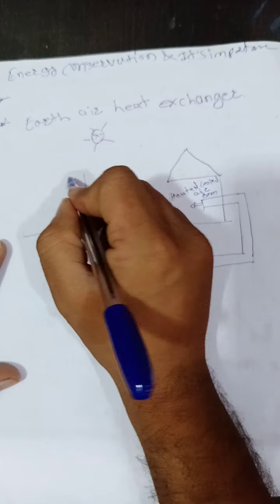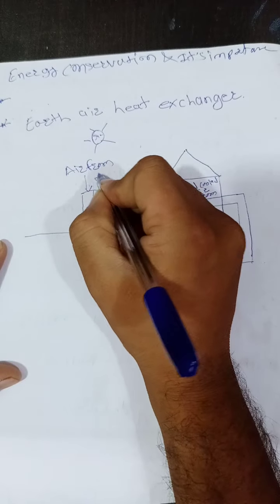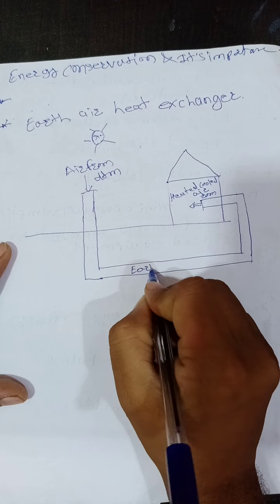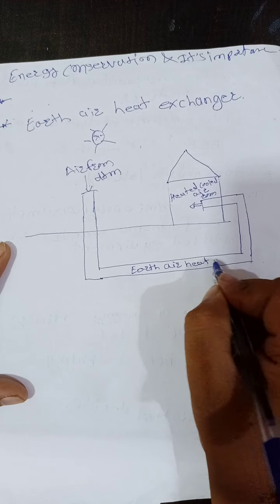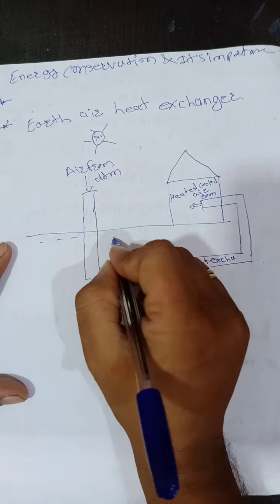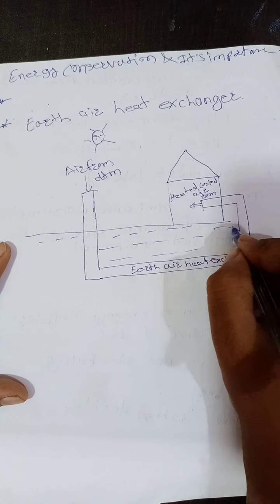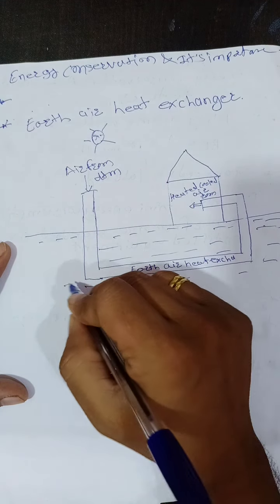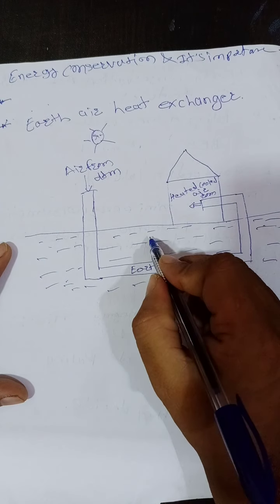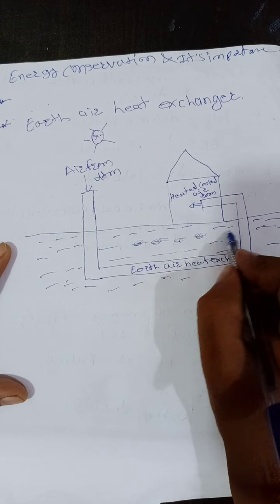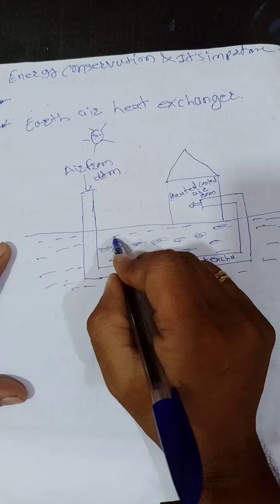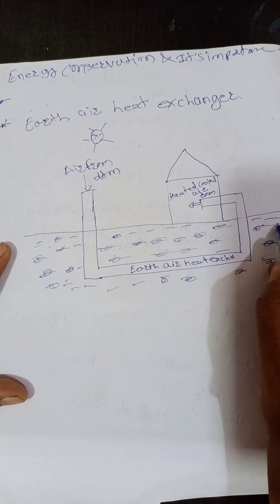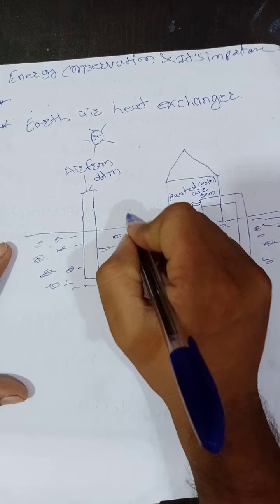From this, air from the atmosphere goes through the Earth Air Heat Exchanger. This is ground level.